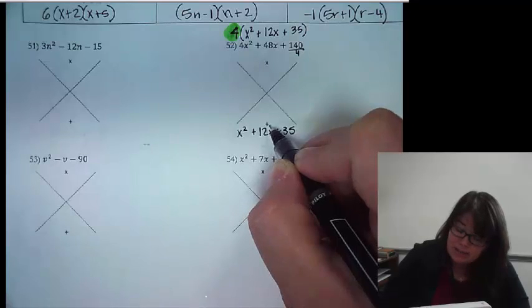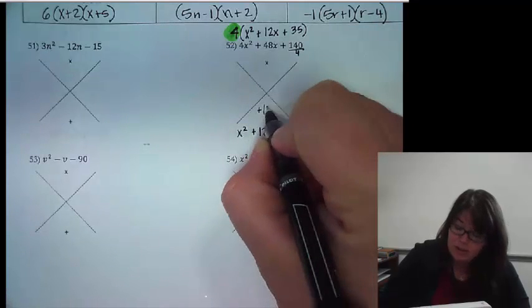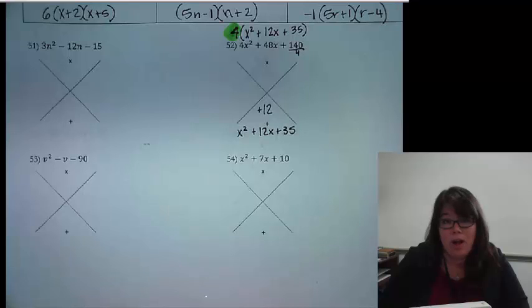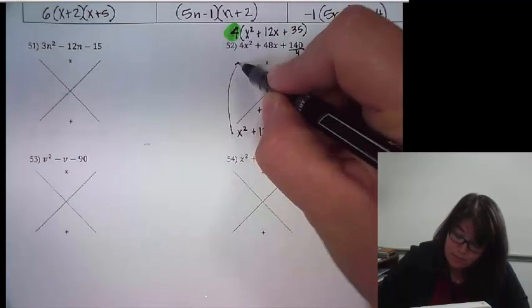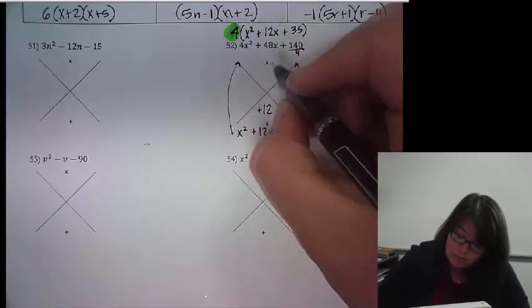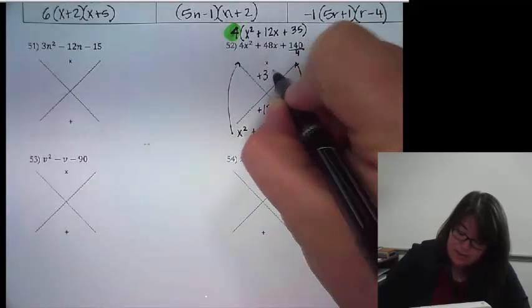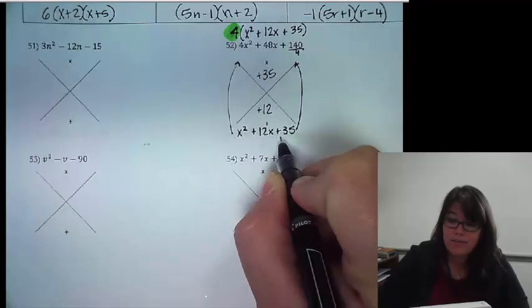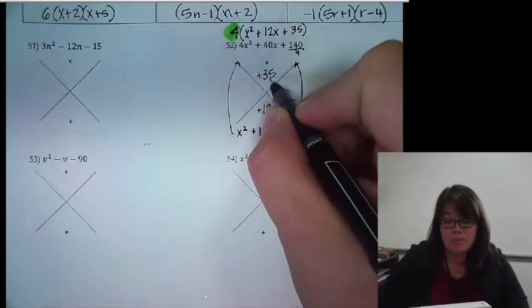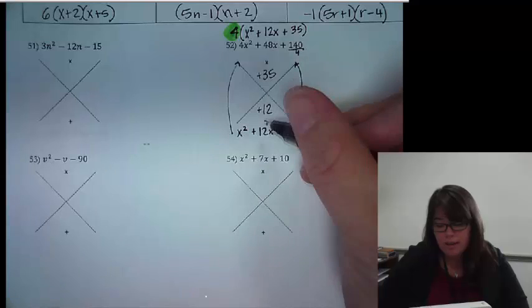Why? Because I know that whatever my 2 magic numbers are, they need to add together to be 12, or combine together to be 12. They also need to multiply together to be positive 35, because I have a positive 1 times positive 35. So that's what this top number should be. Now, let me think.